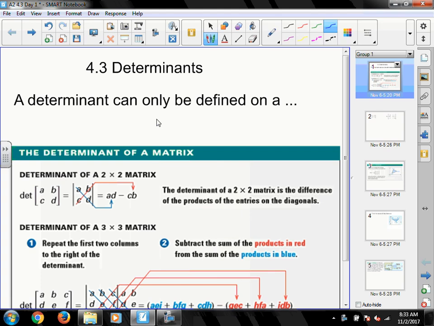Before we start talking about what it is and how we calculate it, I'm going to talk about how we symbolize it.